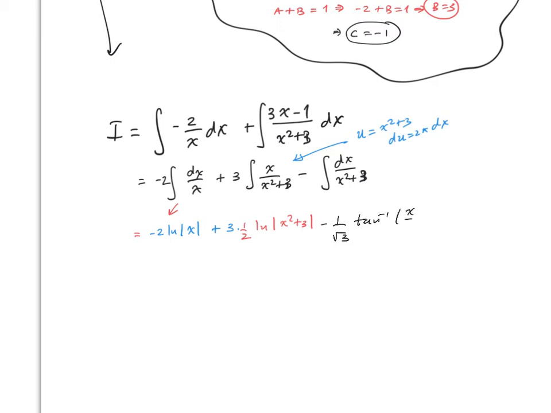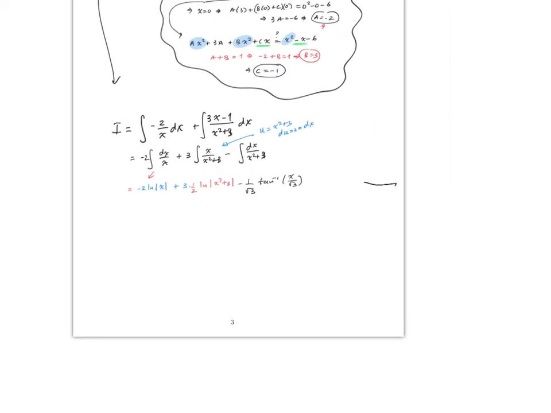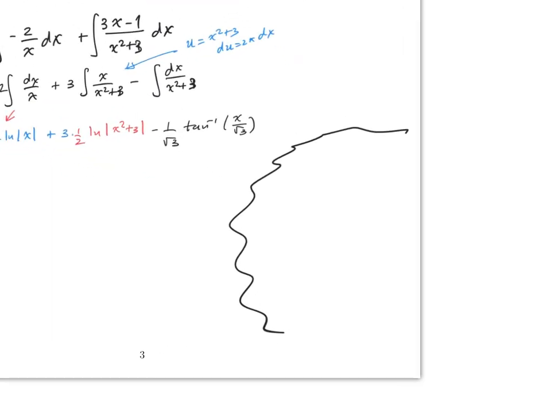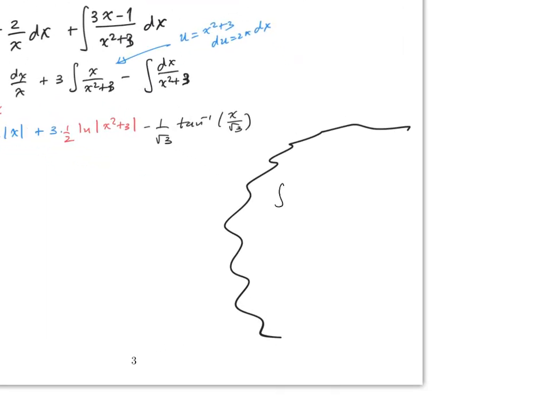of x over radical 3. Remember that in general, just for this, you can get this using a trig substitution. So you should check this by yourselves. The integral of dx over x squared plus a squared equals 1 over a tangent inverse of x over a plus c.